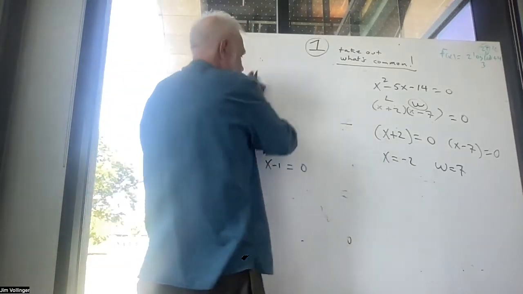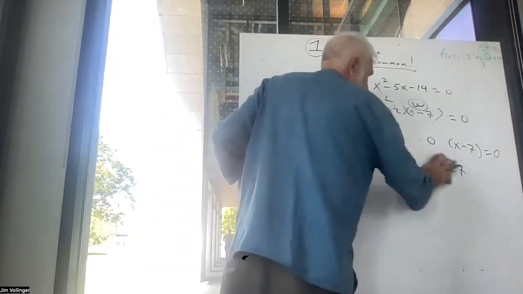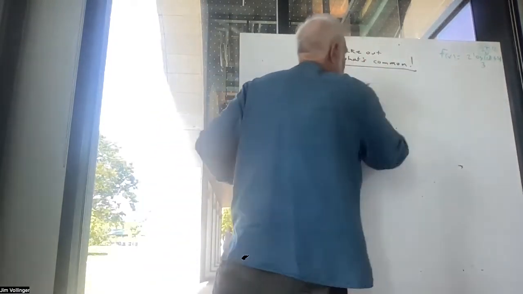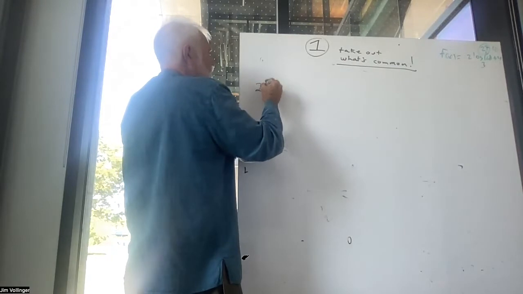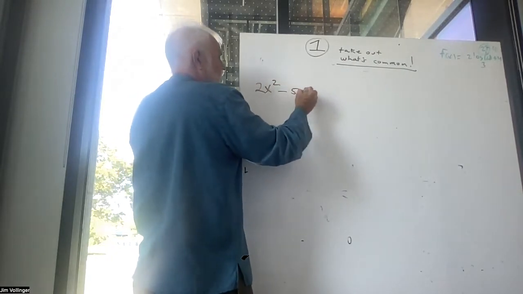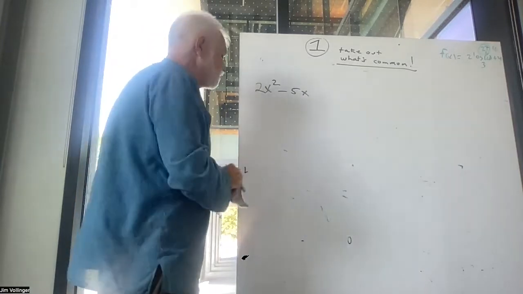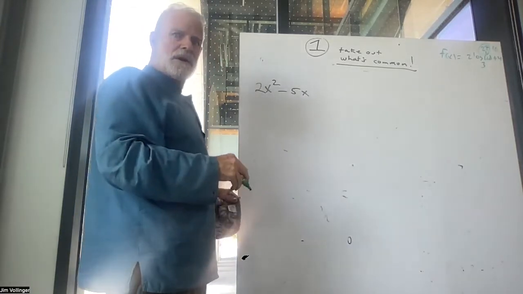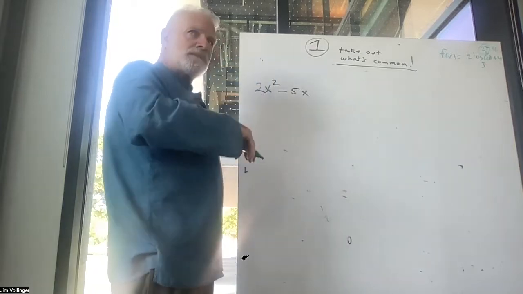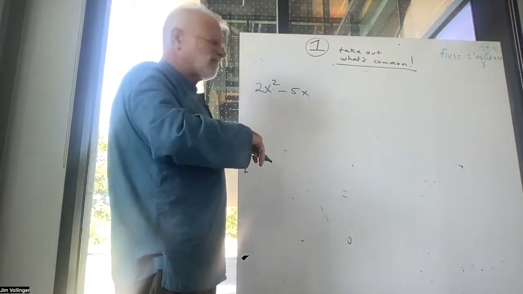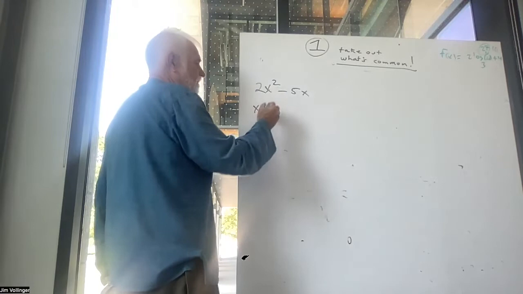Let's try another one. So let's write 2x squared minus 5x as a product. And you're pausing the video. Yep, x is common.